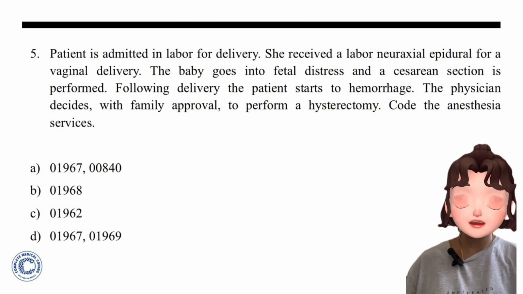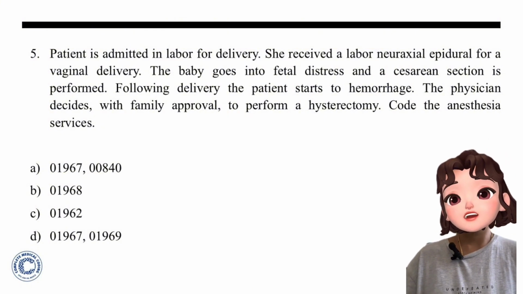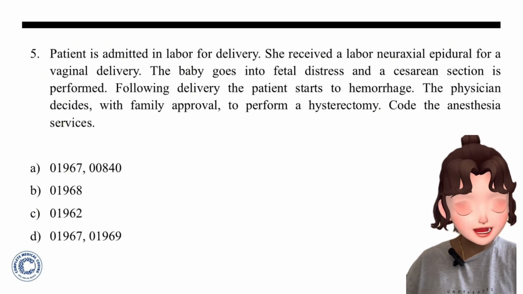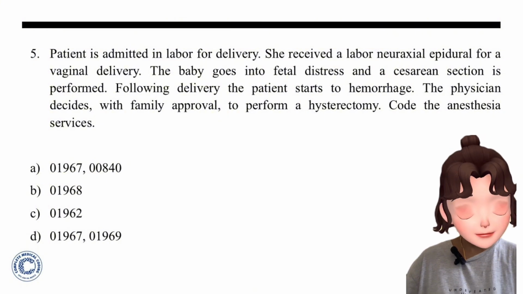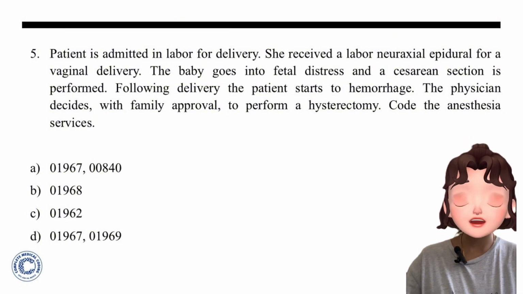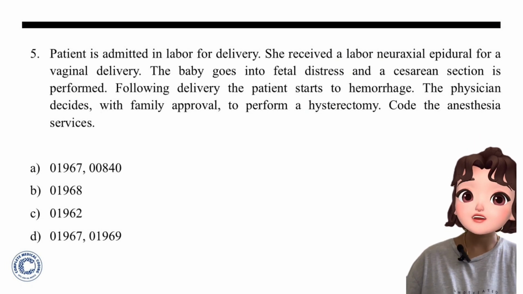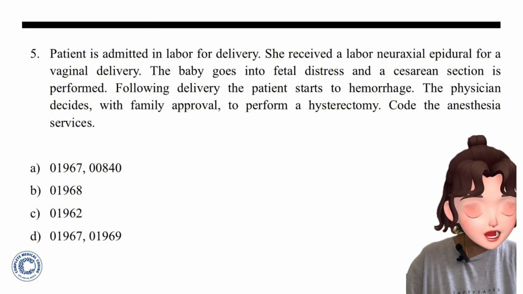That is a wrong code, 00840. Option A is wrong. If you check option B, 01968, again, what is 01968? It is a wrong code because if you check the CPT code book, 01968 is an add-on code, so you can't code only an add-on code alone. Just skip it.